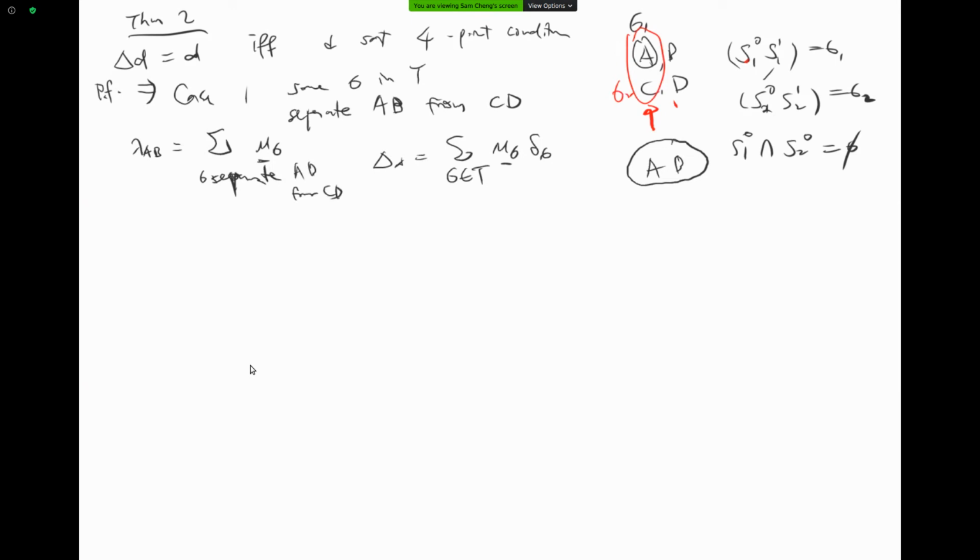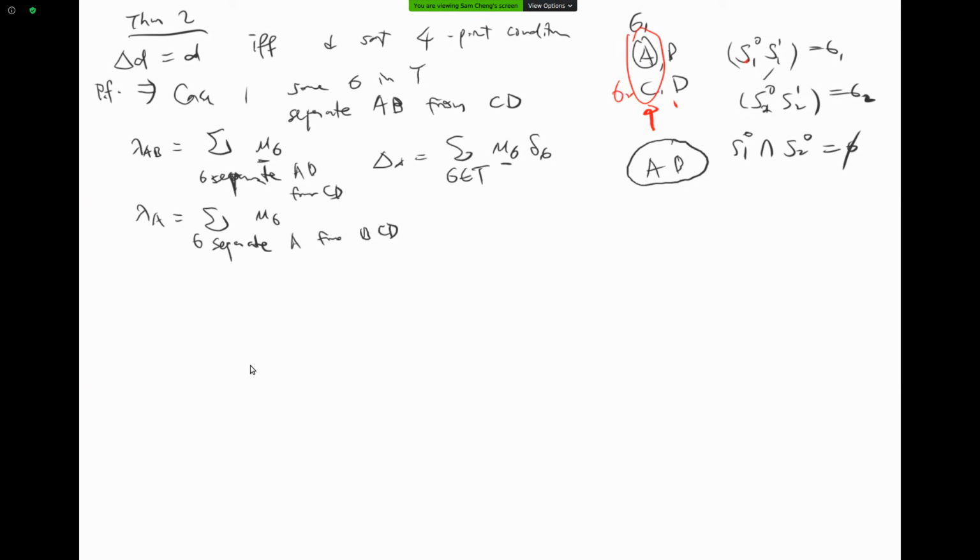Let me write it down first. For example, let me also denote lambda A as something similar: the sum over mu sigma, where sigma separates A from BCD.